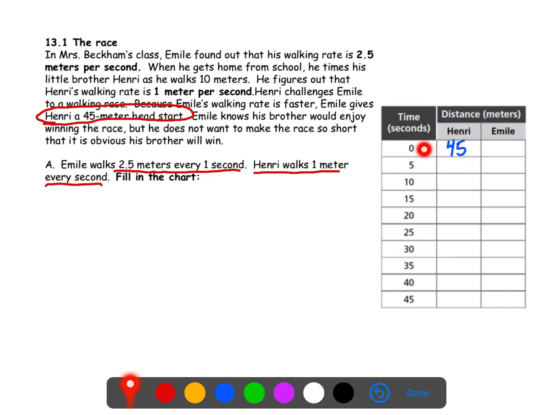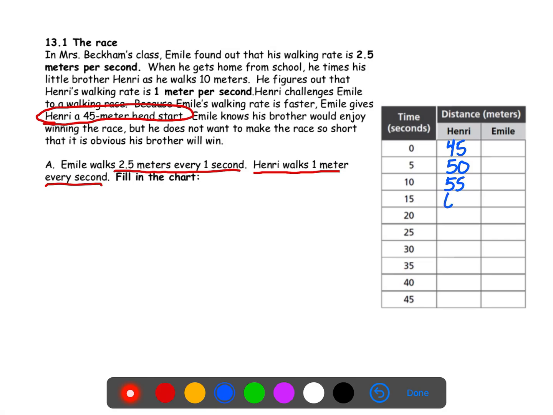But he's traveling in 5-second intervals. So every one of these seconds, he's going to travel another meter. So 45 is going to become 50 when we get to that point. Then another 5 seconds pass, and he's gone another 5 meters.